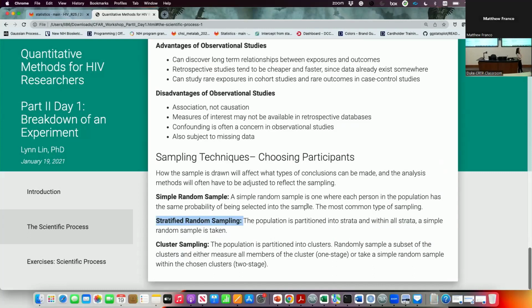So you are saying for each group, you can just select a few people from each group.